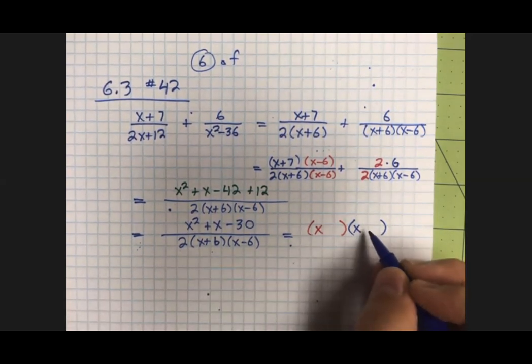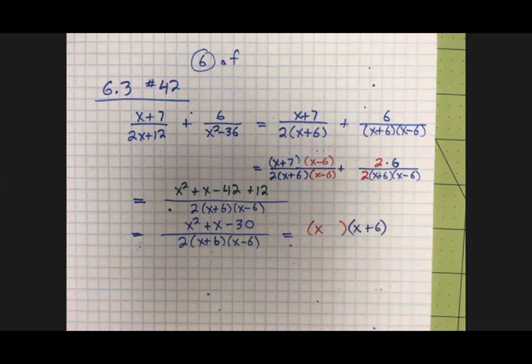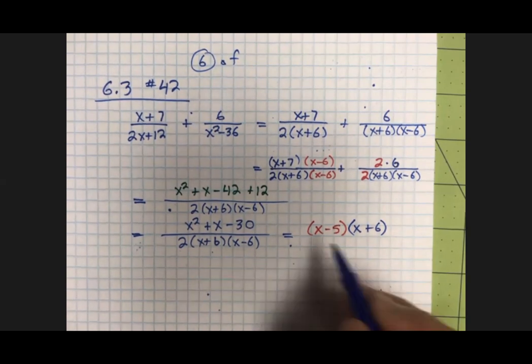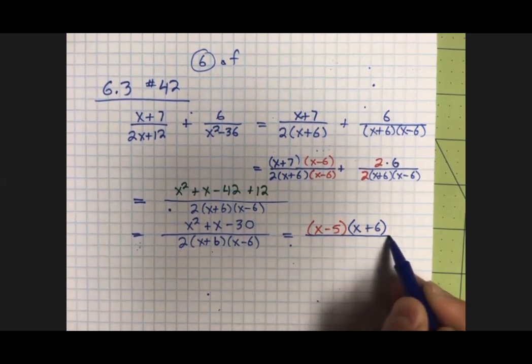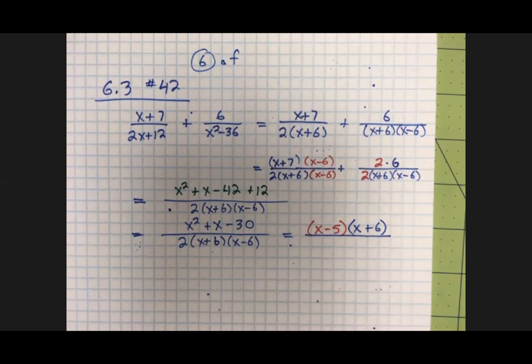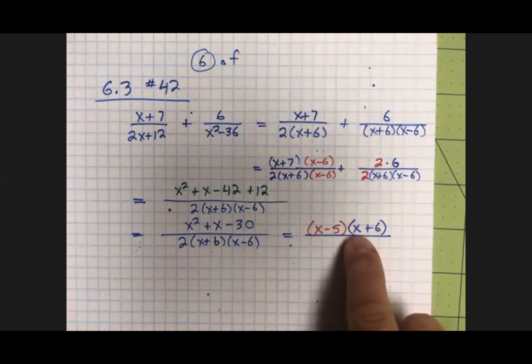I don't screw up which one's the plus and which one's the minus. How about plus 6 and minus 5? That gives me x squared plus 1x minus 30, right?